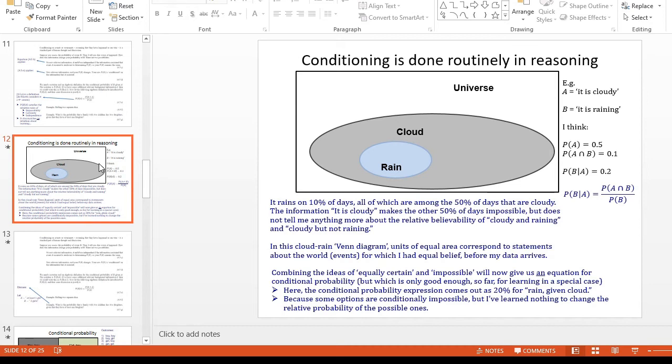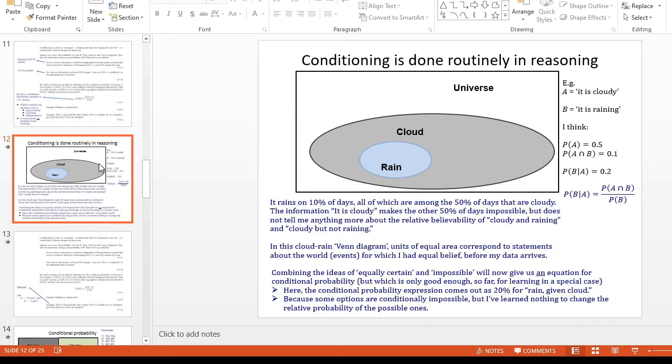This is in Cambridge, let's say. So the information "it is cloudy" makes the other 50% of days, clear sky days, impossible. But it doesn't tell us anything more about the belief of cloudy and raining, or cloudy but not raining.